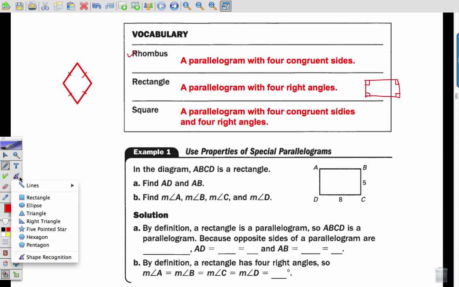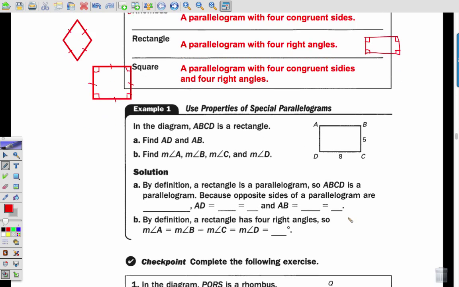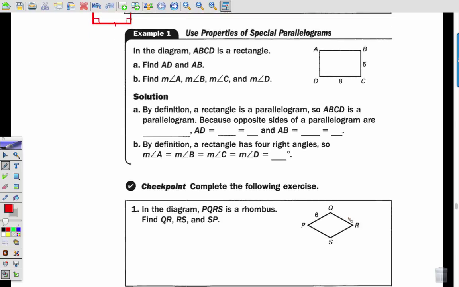Now the square is just an extension of the rectangle, and in a way combining the rhombus with a rectangle, in that not only do I have four right angles like a rectangle, my four sides are also exactly the same length. They're all congruent. So these are the three special kinds of parallelograms that we're studying in this unit.